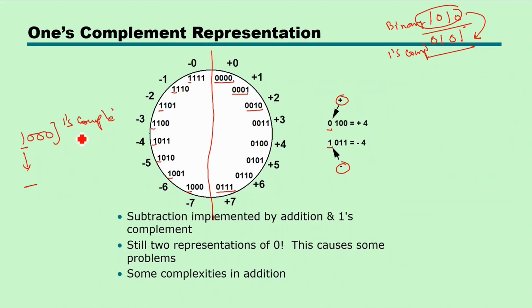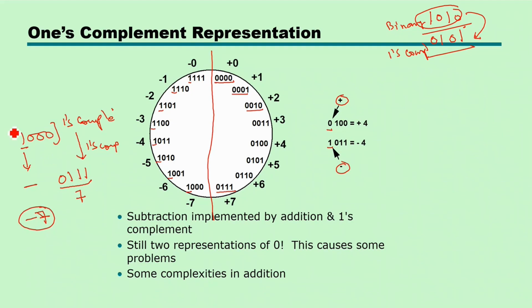To convert it to binary representation, we need to take the 1's complement again. So we need to take the 1's complement of 1 0 0 1. The 1's complement will be 1 1 1 and 0, so 1 1 1 1 and 0. Its decimal equivalent is 7. So now the number will be minus 7.